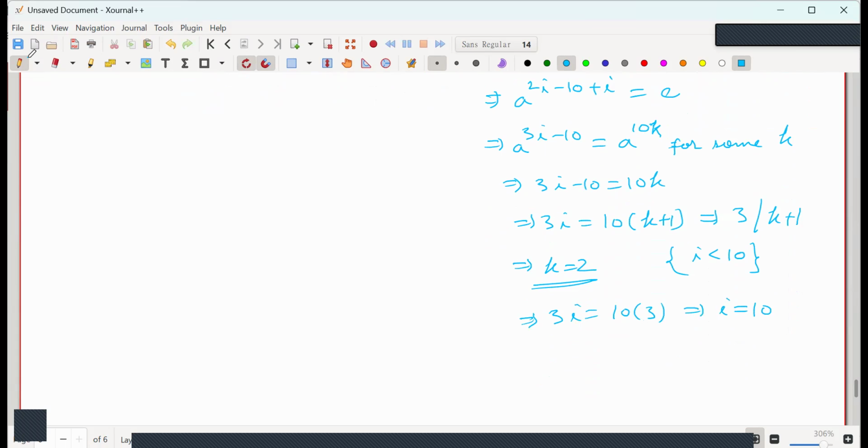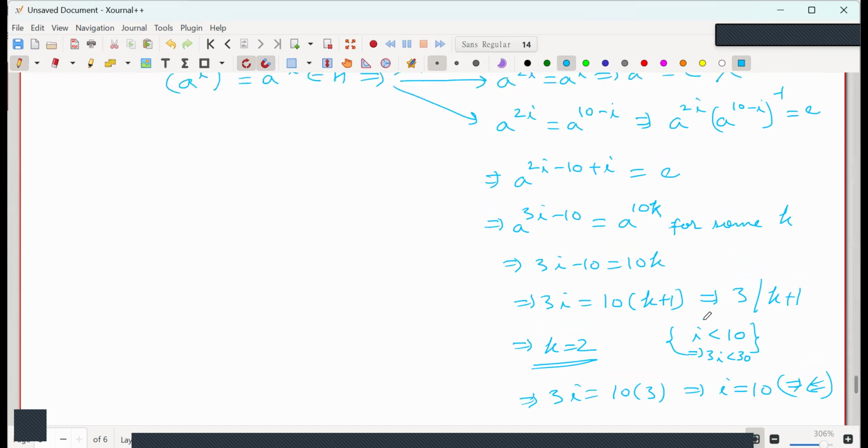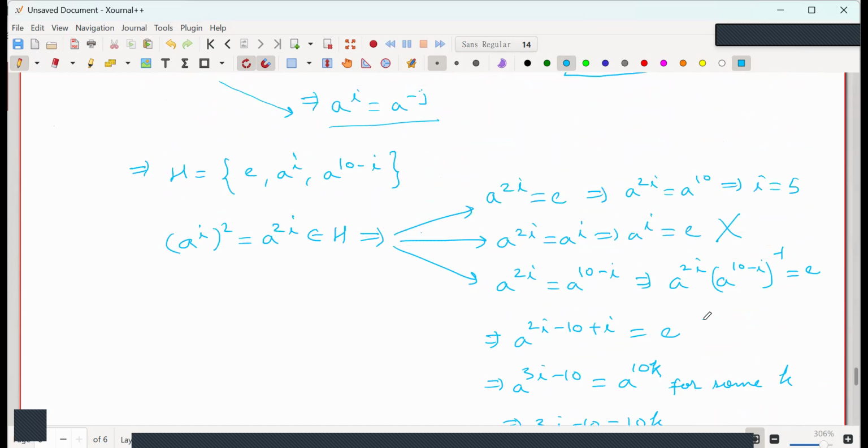Example like 26, because 26 plus 1 is 27. 3i is less than 10? So what can you say about 3i? 3i has to be less than 30, right? So this k plus 1 cannot be more than 3. So that's why k has to be 2, right? Okay. So here i is 10, which is a contradiction, because i is assumed to be less than 10, right? If i is 10, then a^i is identity. So the only possibility is i is 5.